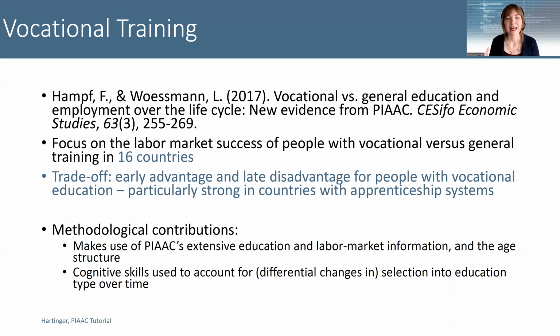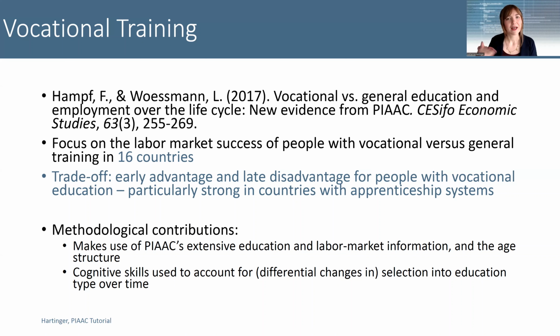This paper draws heavily from the education and labor market information that is readily available in PIAAC. And it also makes great use of the age structure in PIAAC, right? Since PIAAC covers the whole age range of the working age population from 16 to 65, they can compare different age groups and find the cutoff age where the generally educated people overtake the vocationally trained people.